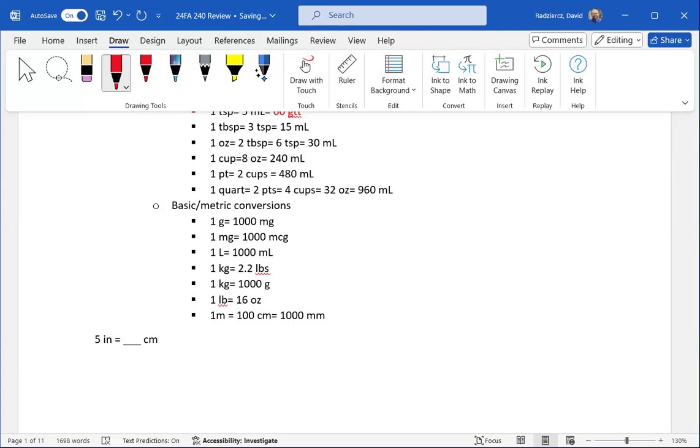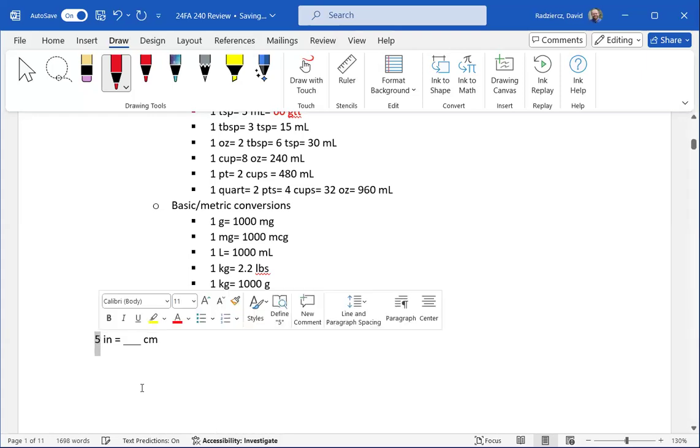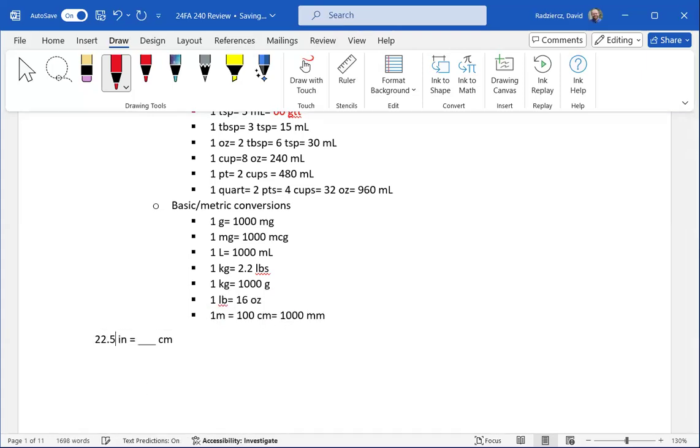Oh, okay. Converting a newborn's measurement of inches to centimeters. Okay, then let's do that a little bit more specifically. So that's probably a decent estimate of a long baby. Does anyone with kids remember the length of their baby? I'm pretty sure one of my daughters was 22.5 inches.